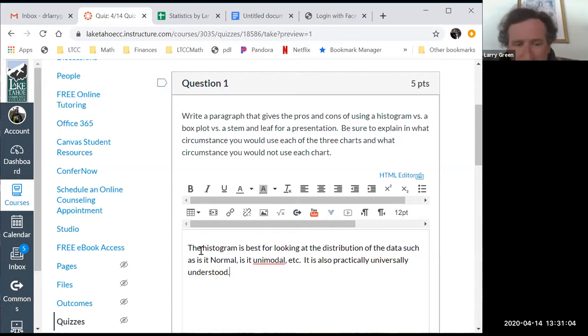From the histogram, one cannot see any individual data values, because all you know is that between this number and this number there was this frequency, but you don't know which numbers had the frequency, you just know a range. So that's a main issue with the histogram: you can't see individual data values.